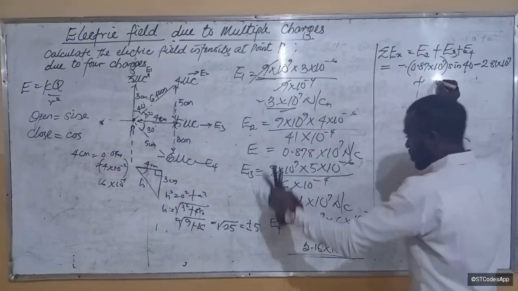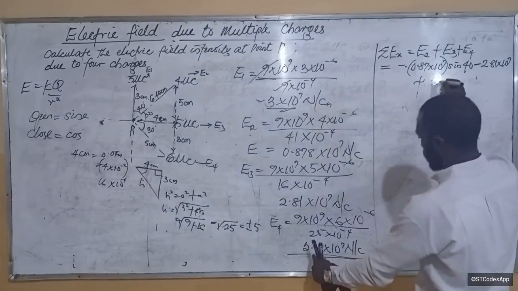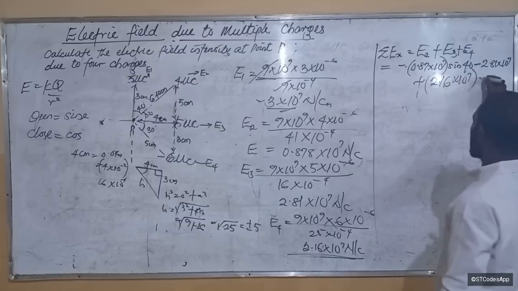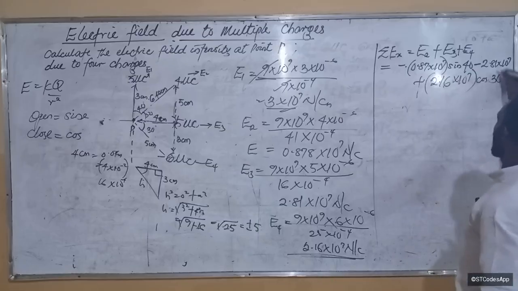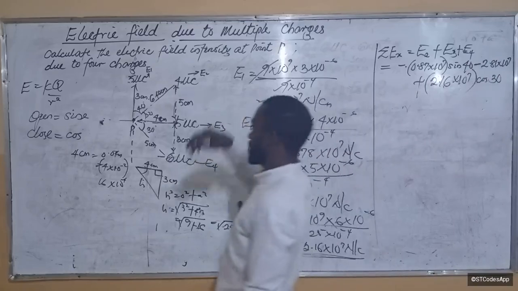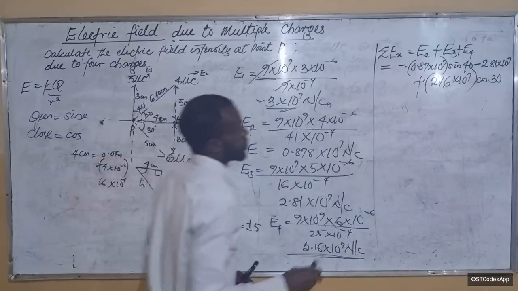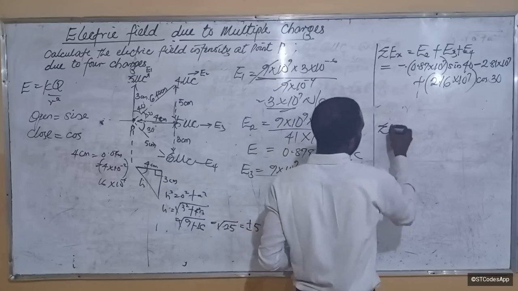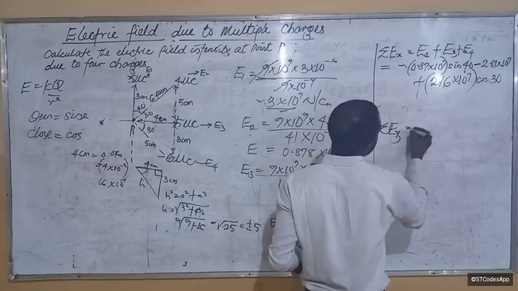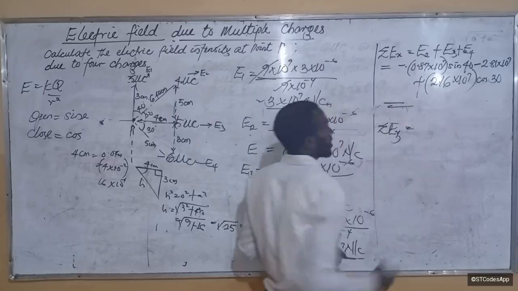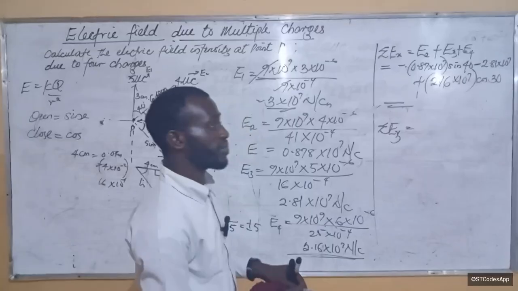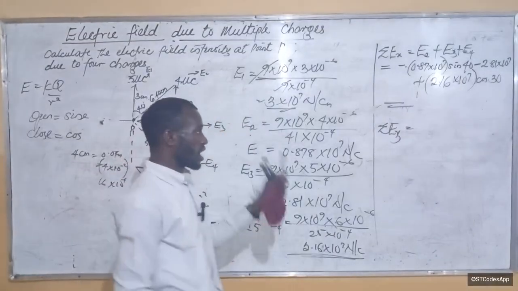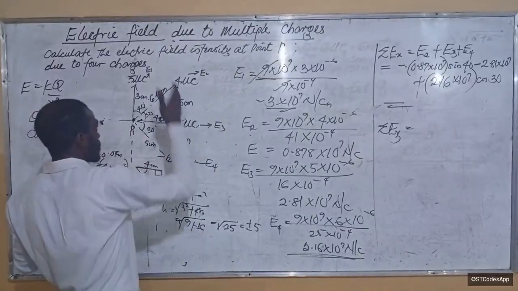So plus the E4 guy, that's 2.16 times 10 to the power 7 cos 30, because we are resolving it by closing that angle. Is it clear? Now, let's do for the sum of electric fields on the y-axis. So you do this one, you write the answer, then you know how to go about finding the resultant by yourself. Let's do for the y-axis too.